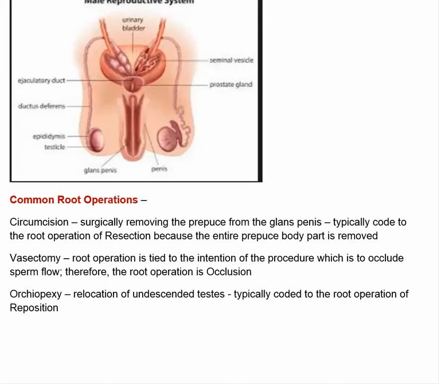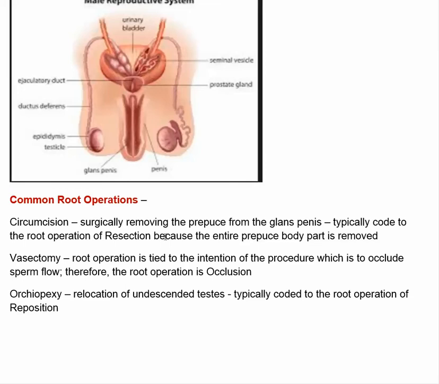So they can cut, they can tie off. So the intention is the key component, not necessarily the method. And again, we will see this when we look at the female version of the same idea of occlusion of female reproduction.